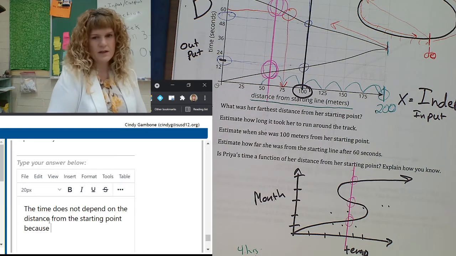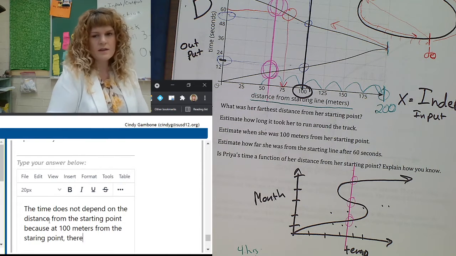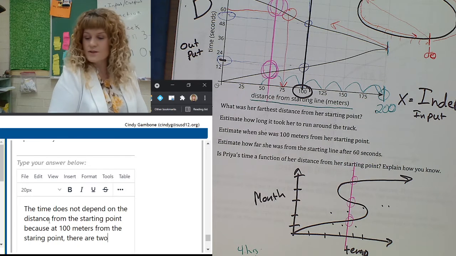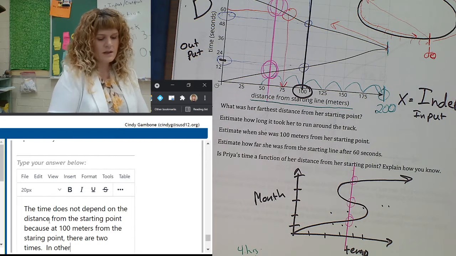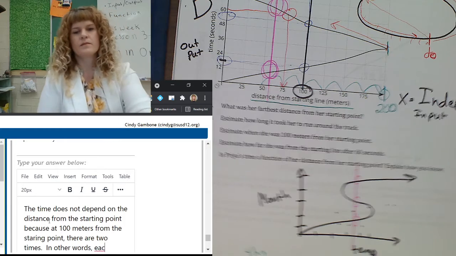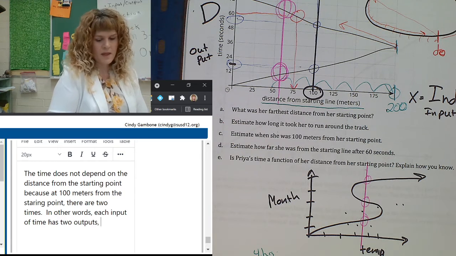Because at 100 meters from the starting point, there are two times. In other words, each input of distance has two outputs, and that breaks the function rule.